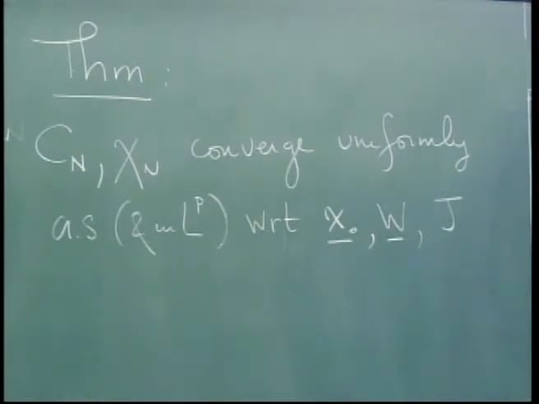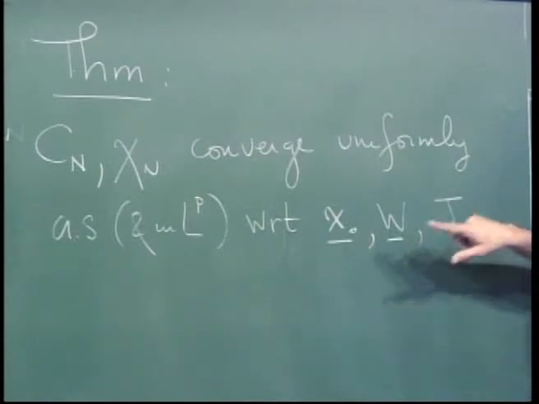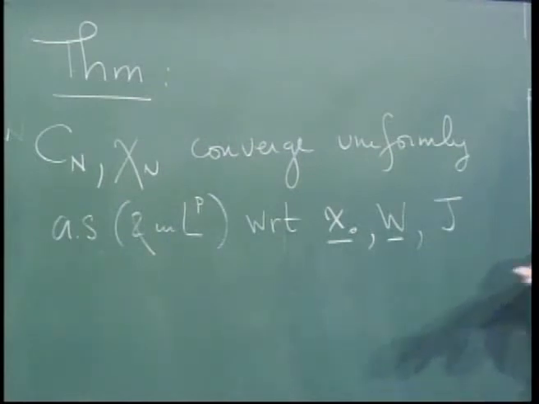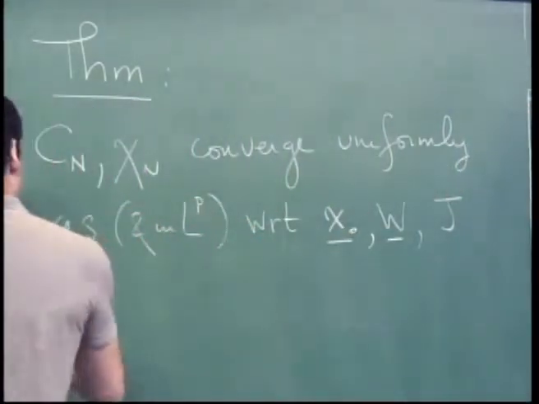The couplings, the randomness of the H, if you want, the W, which is the Brownian motion which runs the dynamics, and the initial condition. Right? That's the initial condition, that's the thing that runs the dynamics, and the J's are the couplings, the H, if you want. Okay, so this is completely quenched. You fix everything, you run, and you say these two things converge uniformly to, in fact, non-random things.